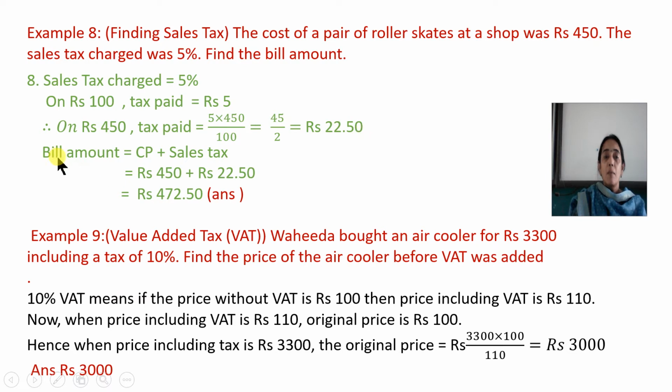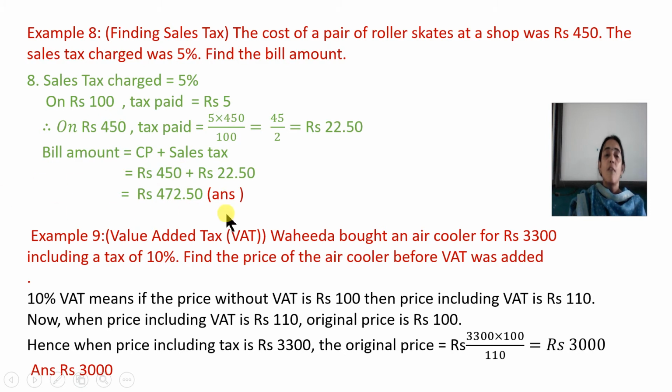So the bill amount means the cost price or the sale price, whatever you take, plus the sales tax. Cost price will be for the buyer and sale price will be for the seller. So that is rupees 450 plus rupees 22.50, that gives you rupees 472.50. So this is how you find the sales tax.